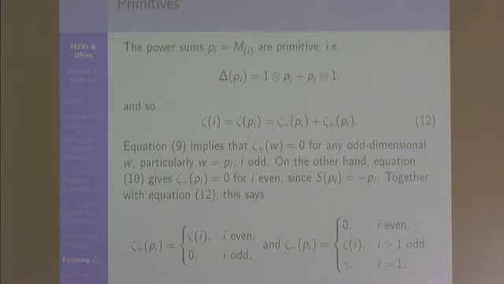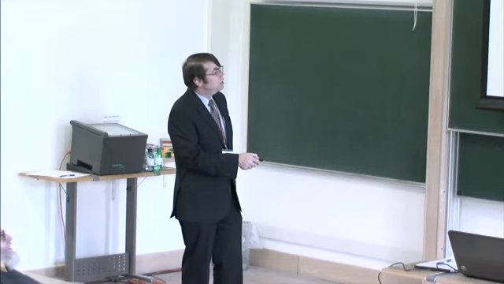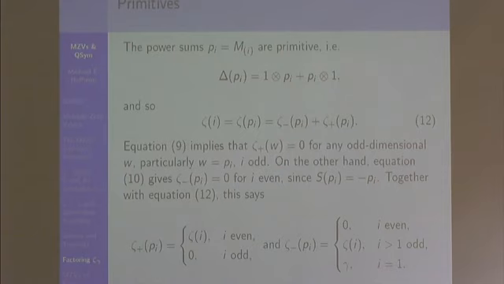And because these things are primitive, the antipode just sends each power sum to its negative, which means that the negative part is going to kill all the even ones, and the odd ones just go to themselves, with the understanding that P_1 goes to Euler's constant. Okay, so that's all well and good.